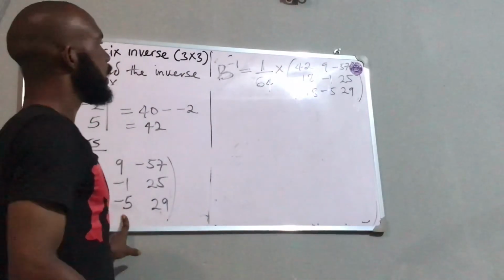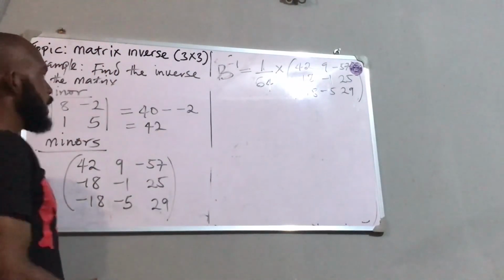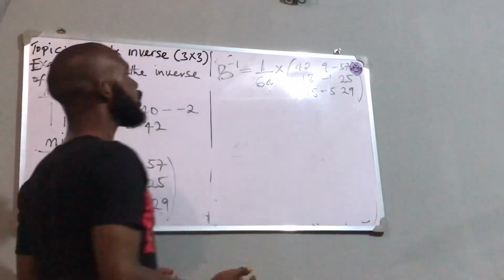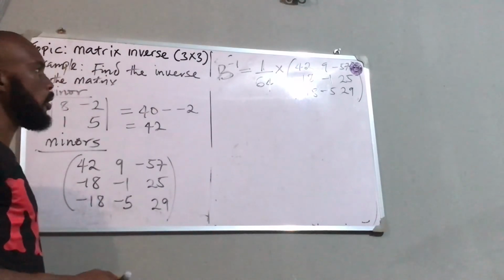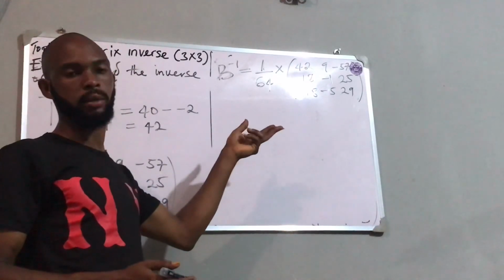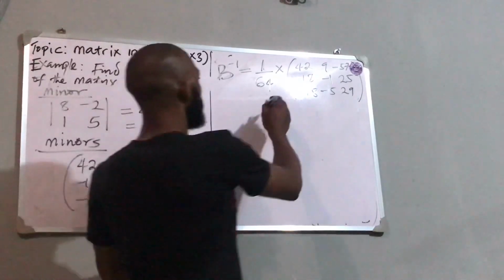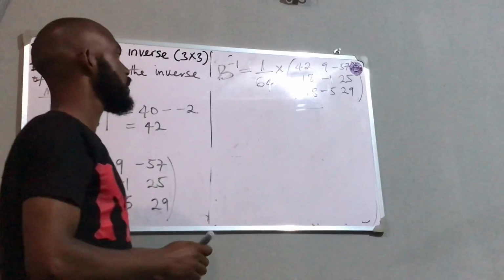So this is our B inverse. Okay, if you like, you can still open up the bracket with your 64, or we can leave it at this position. Okay, so this is your B inverse.